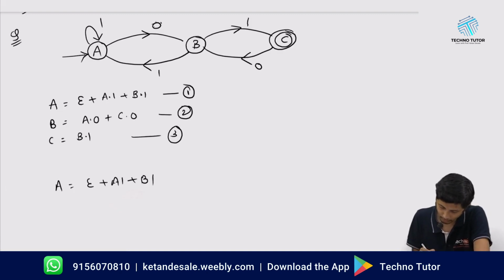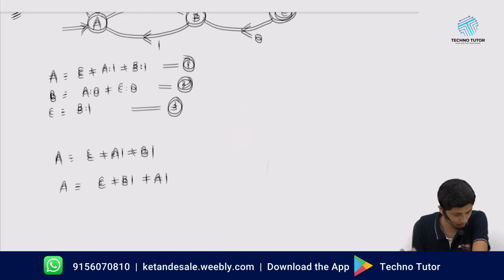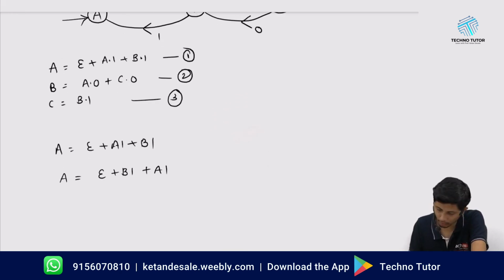If I rearrange this equation like this, epsilon plus this plus A1, so Q, then R is equal to Q plus RP.